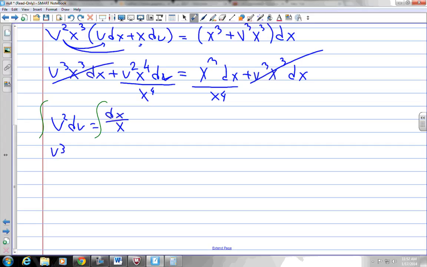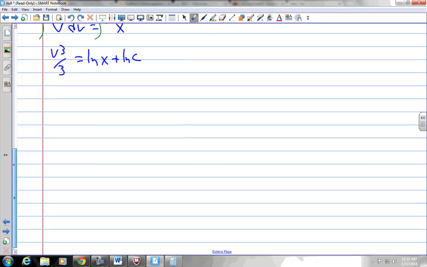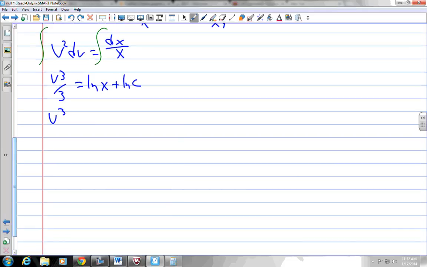So this is v cubed over 3. What about the other side? ln of x plus a constant. Let's just do that as ln of c, so it's easier later on. So v cubed equals 3 natural log of cx.